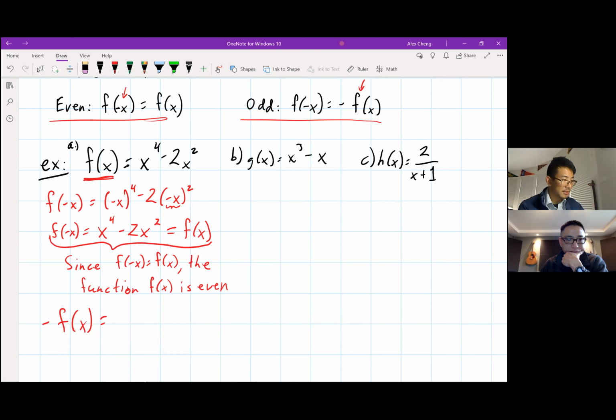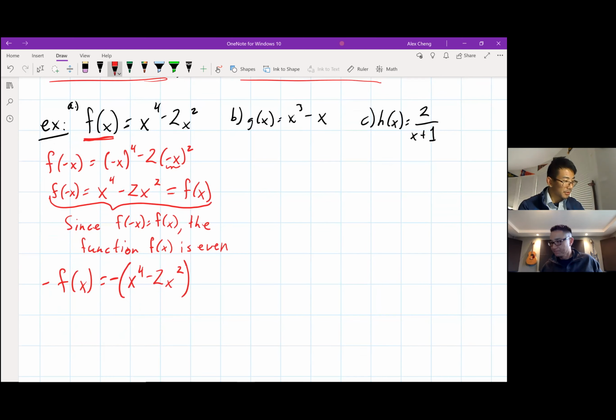So that's x to the fourth minus 2x squared. And I like to just put parentheses around the whole thing and plop a negative sign in front. So now when I distribute that negative sign, I will get just negative x to the fourth, now plus 2x squared. And that totally is not f of x.